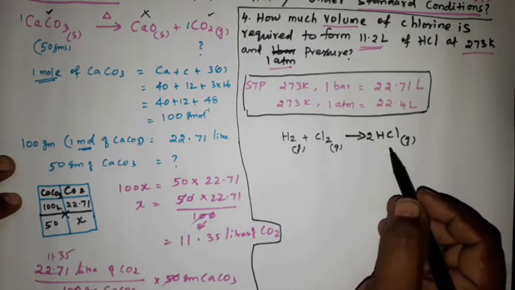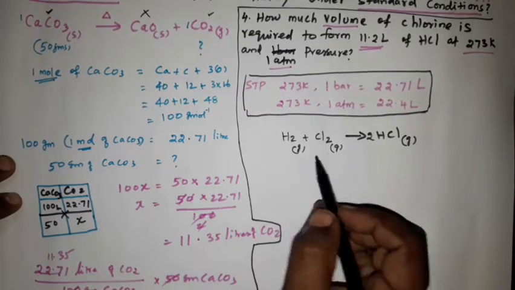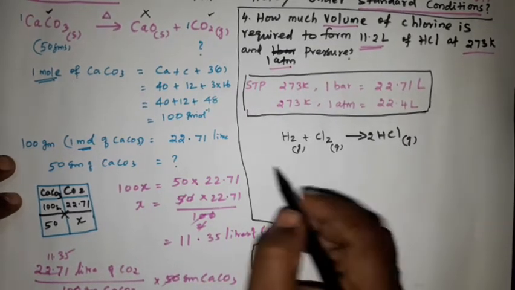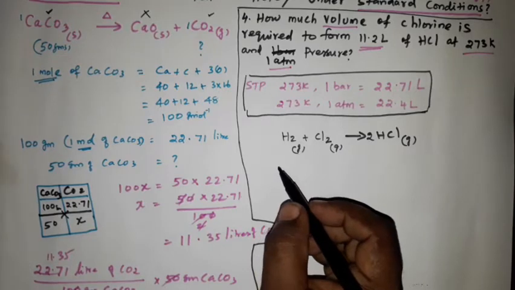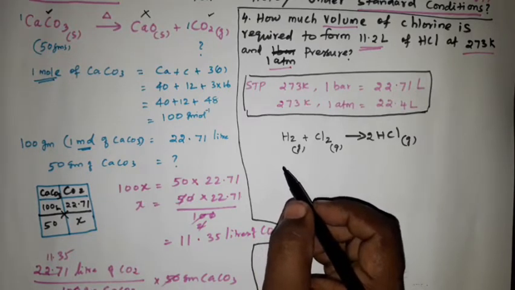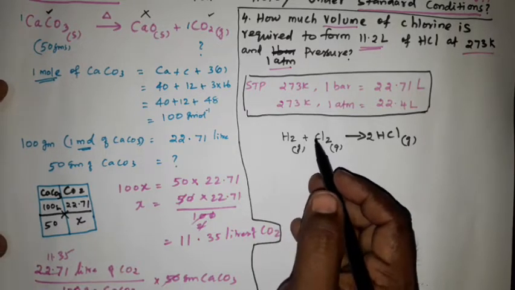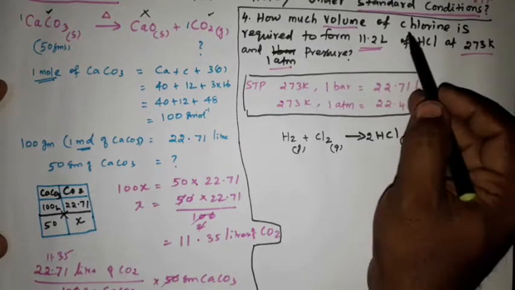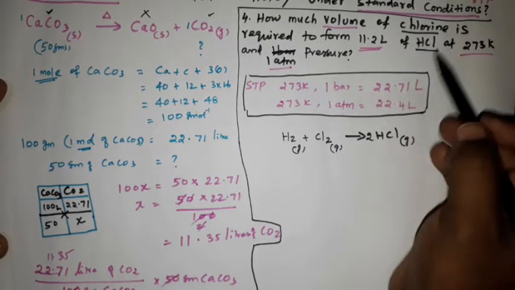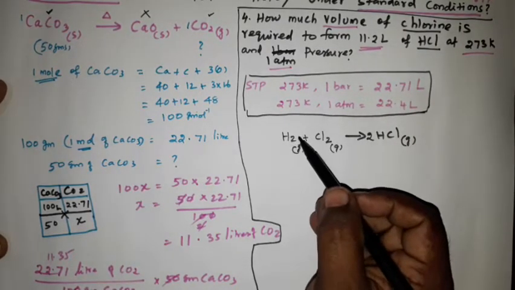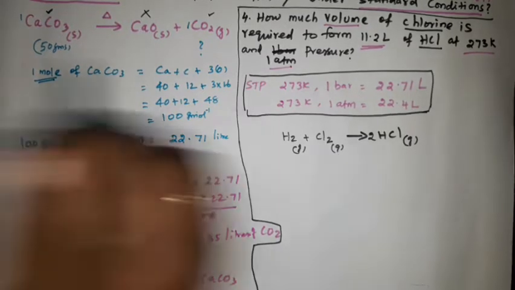Next step, find out. See, all are gases. So molar volume, that is the volume of gas occupied by 1 mole of any substance, is called molar volume. So here only 2 elements you have to consider. One is chlorine, another one is HCl. So you can forget hydrogen. Okay.